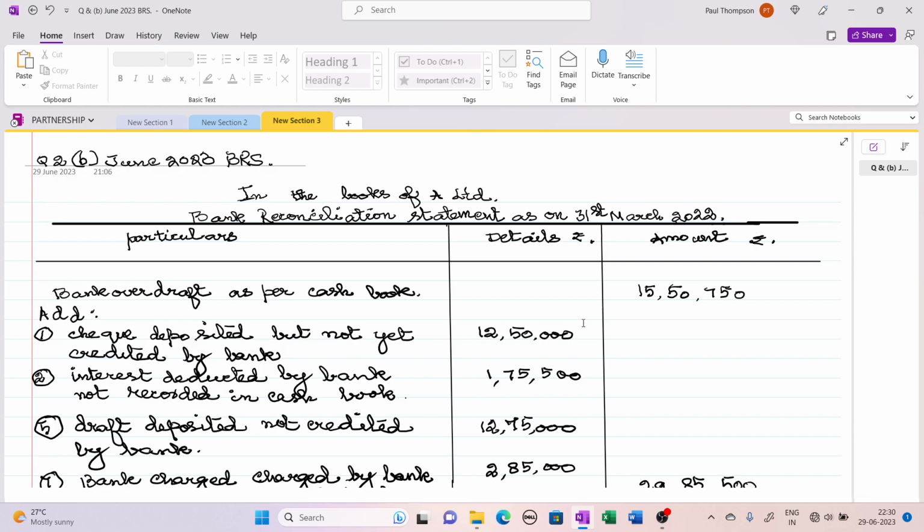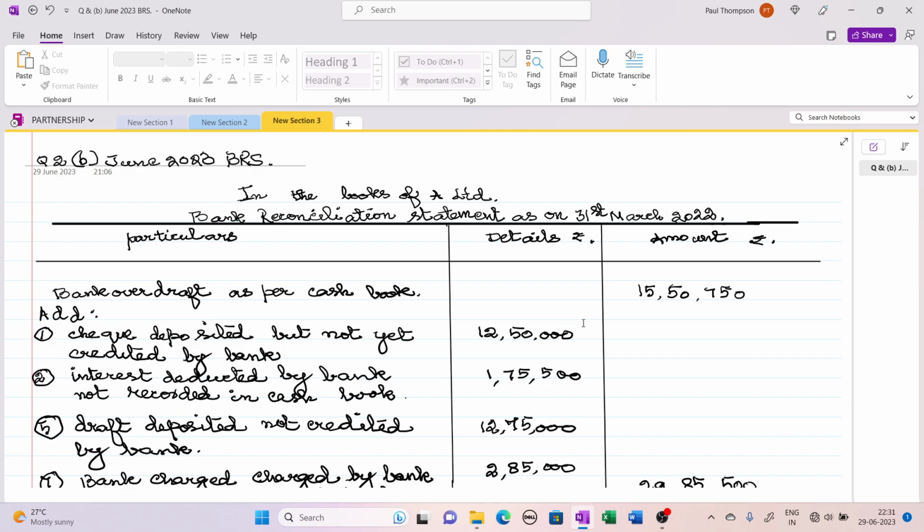It means we are reducing the overdraft, the loan, by that amount. At the same time, the bank will not reduce the loan till this amount is credited by the bank. Suppose on the day you are preparing the bank reconciliation, this cheque is not credited by the bank, then in the bank the loan amount will appear increased by this amount.